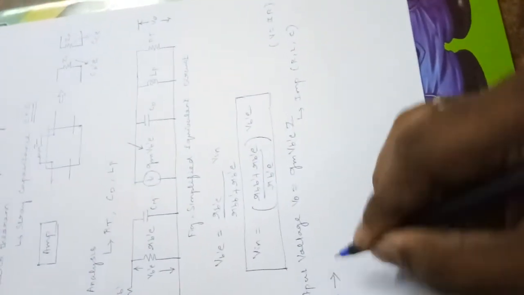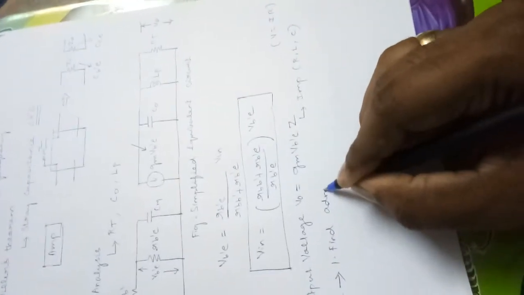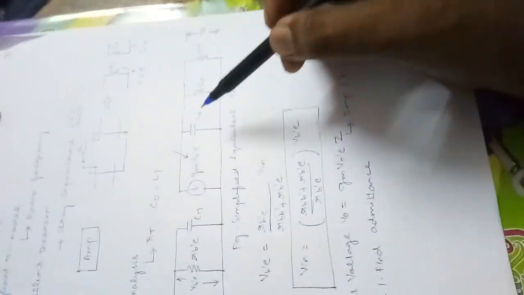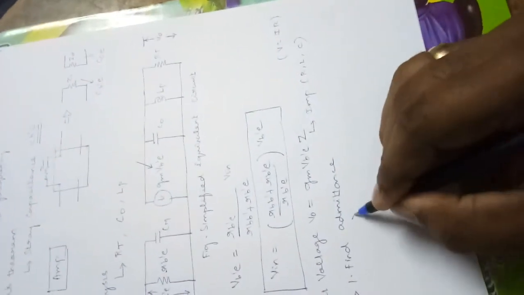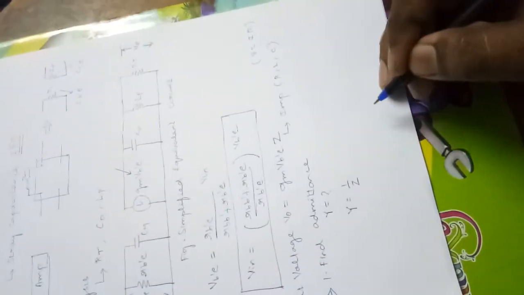In order to compute Z, I am going to find the admittance of the output side. That is, I have a capacitance, an inductance and a resistance, so I find the admittance, and from the admittance I find the impedance.